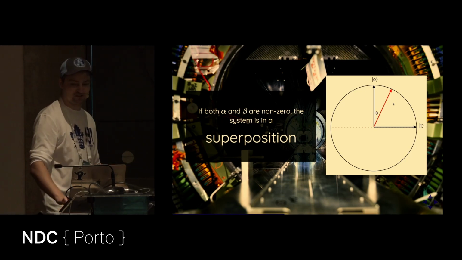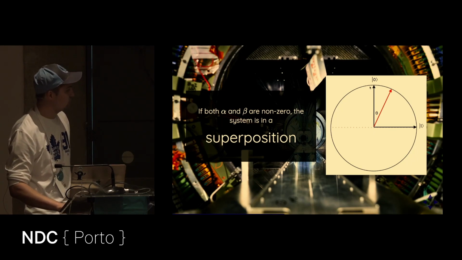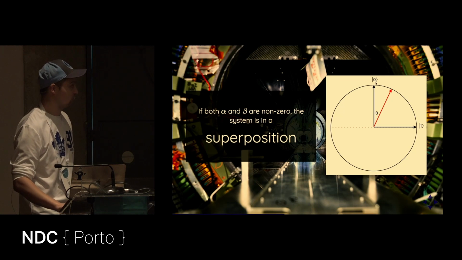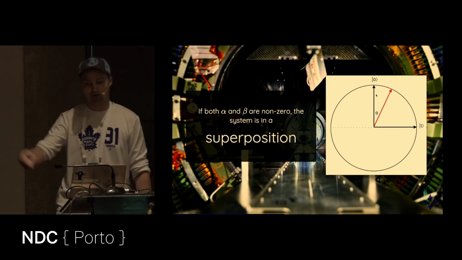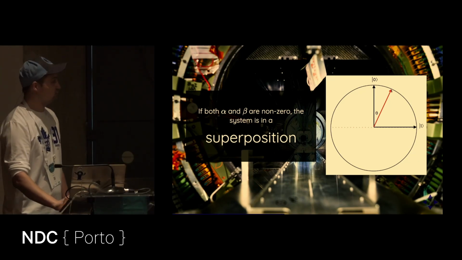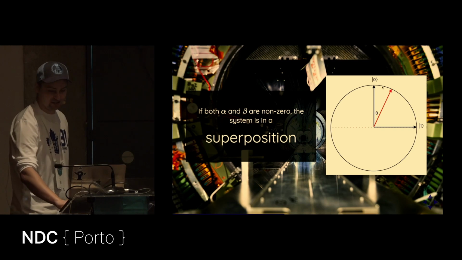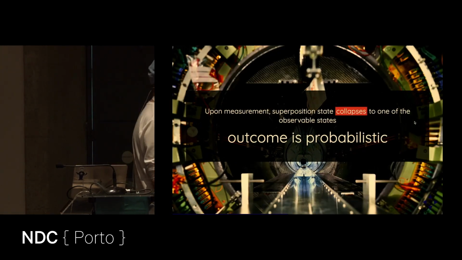And if the system happens to be in the state ket 0 already, so it perfectly aligns with the vector ket 0, then upon measurement, we get a deterministic result. We always get a 0 out of a measurement. But if the state of the system is a superposition state, any of those superposition states, the outcome of the measurement is probabilistic.